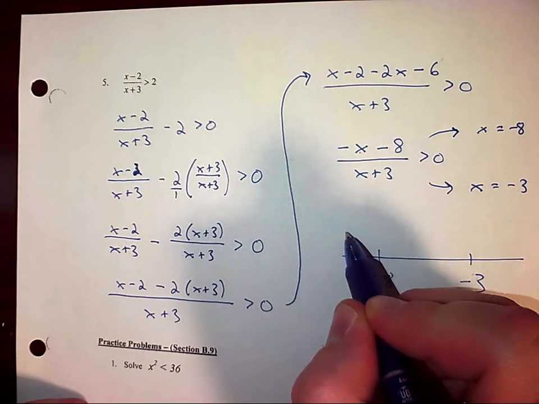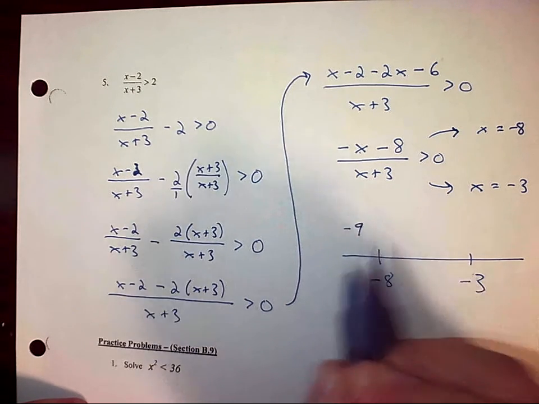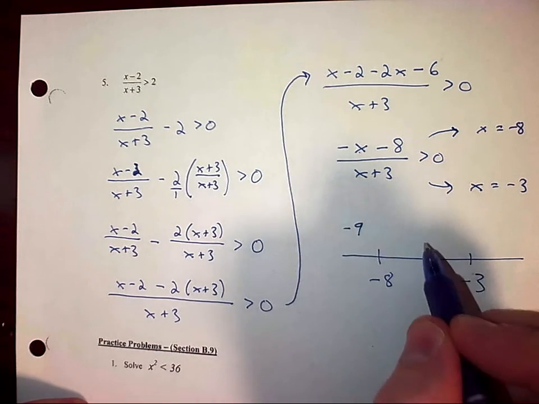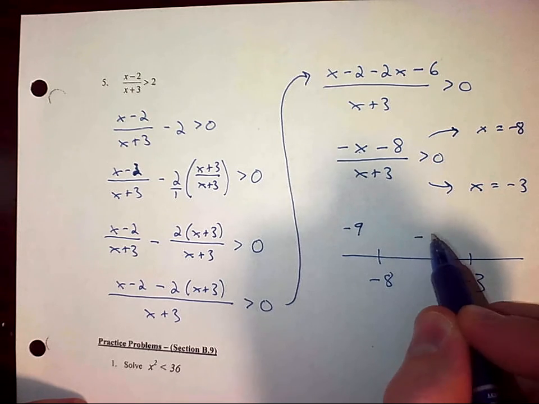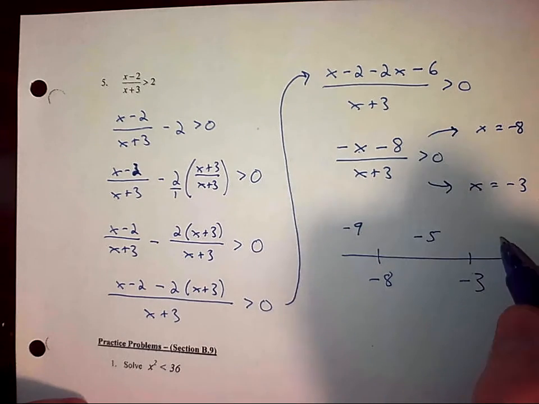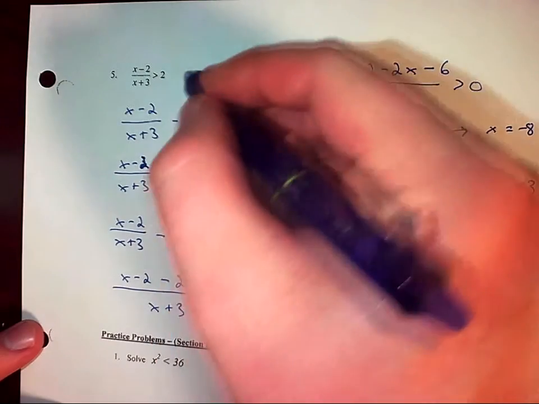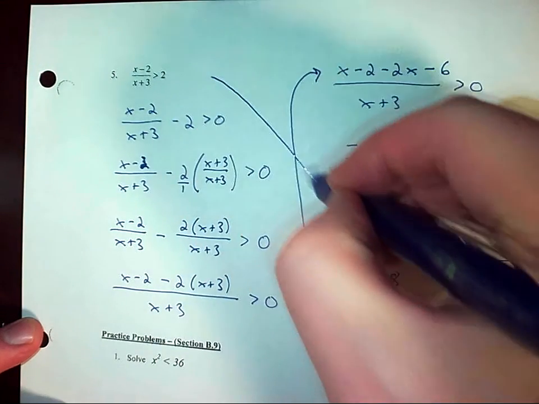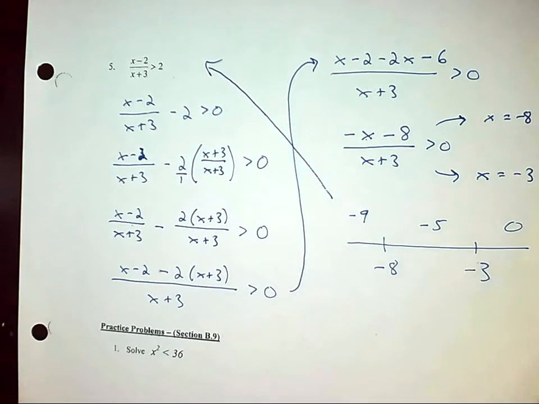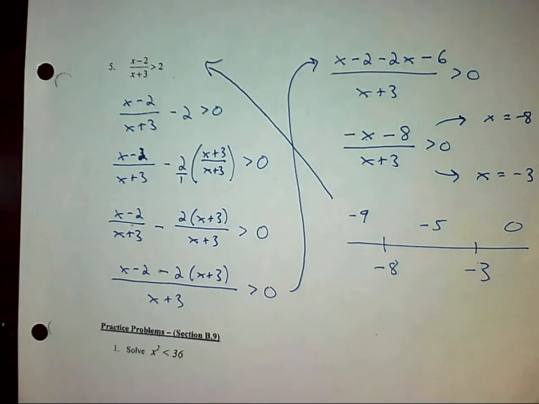Pick test values. Here you can pick negative 9 or negative 10 or whatever works out best for you. Here we'll pick, say, negative 5 because that's in between those two. And here you can pick 0. With those test values, you're going to plug them back into your original equation. That's super important.